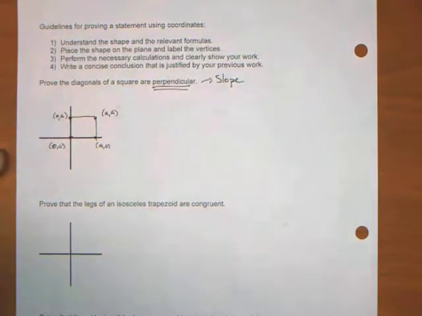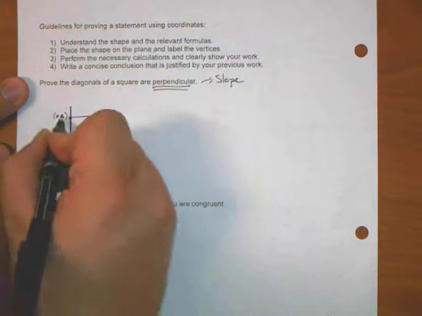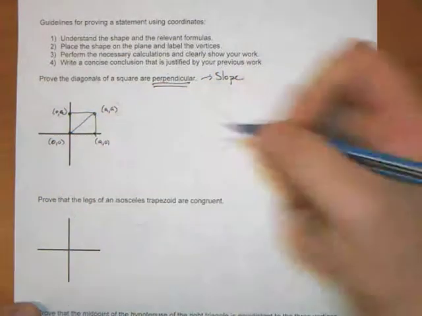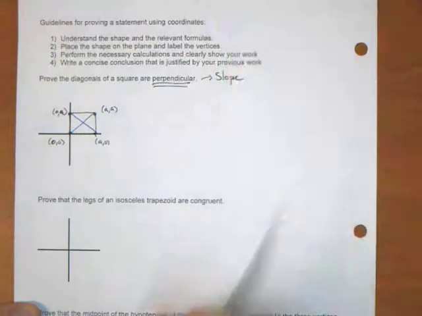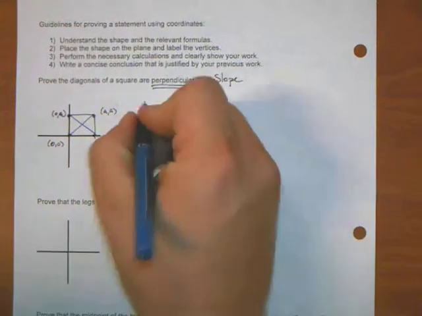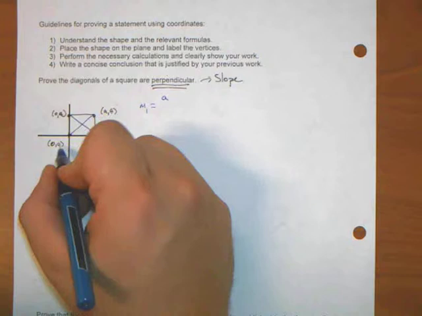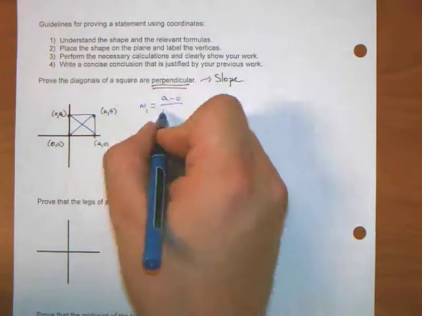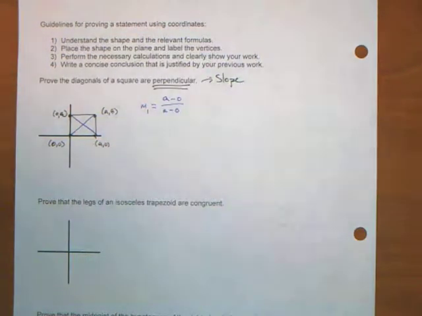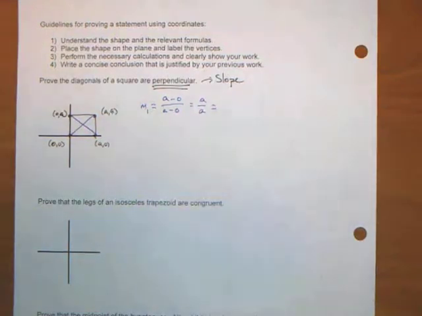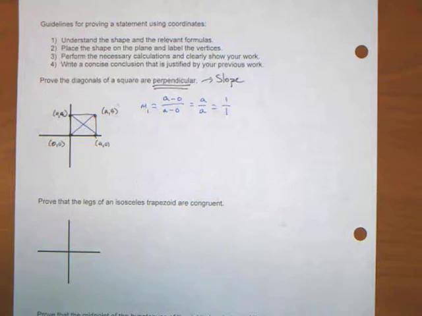So again, I placed my square on here like we did in the homework. So (0, 0), (a, 0), (0, a), and (a, a). And I want to show the diagonals are perpendicular. So I want to find the slope of this segment and compare it to the slope of this segment. So this first slope should be what? y2 minus y1 over x2 minus x1, which is 1.